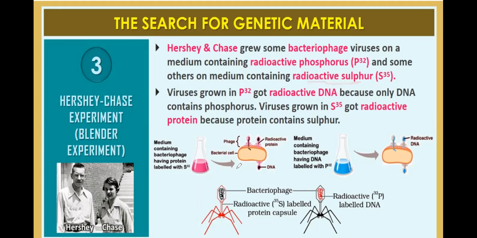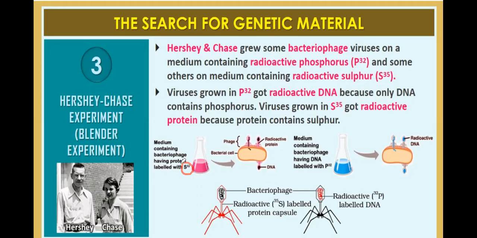So they grew some bacteriophages in a medium containing radioactive sulfur, so that the bacteriophage had protein labeled with sulfur. So they took a beaker. In that beaker, there was protein with a radioisotope, radioactive sulfur.